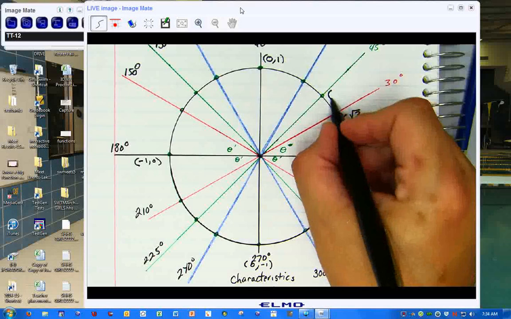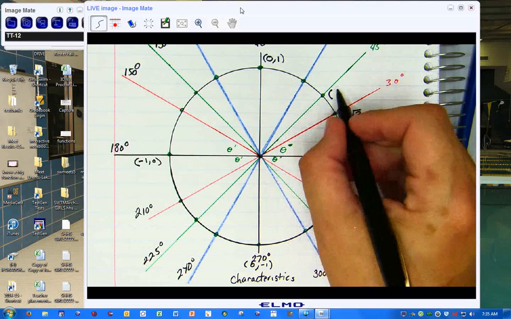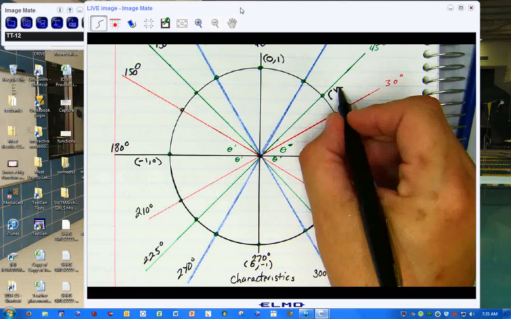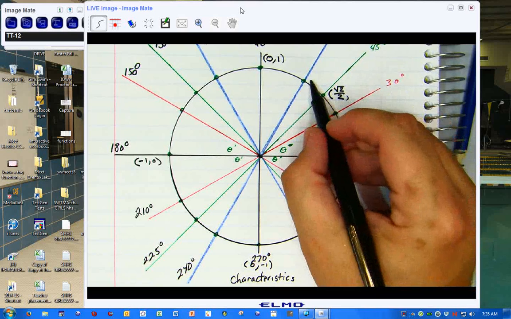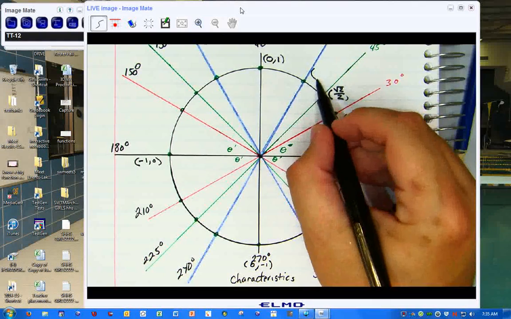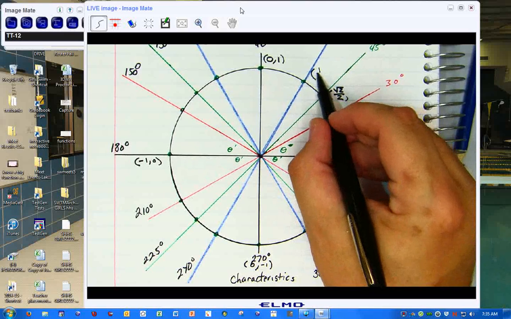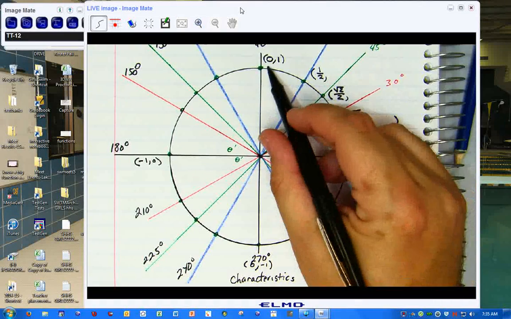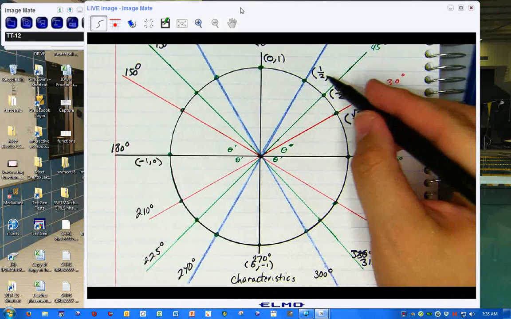What is the x value of the next point? The 45 degree angle. Square root of 2 over 2. And what's the x value of 60 degrees? 1 over 2, and it gets you down to 0. So it goes square root of 4, square root of 3, square root of 2, square root of 1, 0.